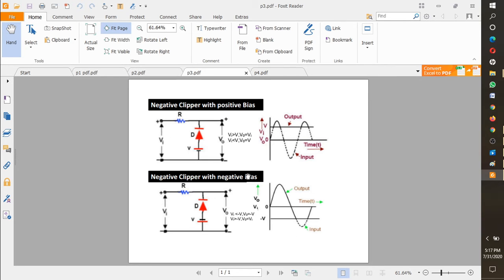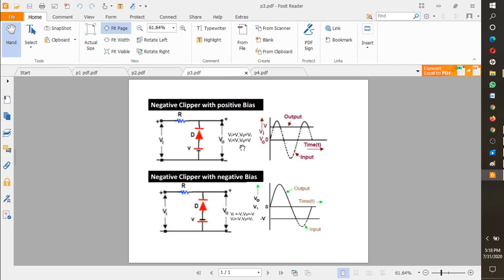Now let us move to the next section. Here we considered bias. Now in this figure the diode is used with a positive voltage V. When input voltage is greater than the reference voltage V, the diode is reverse biased and as a result output voltage will become equal to input voltage.